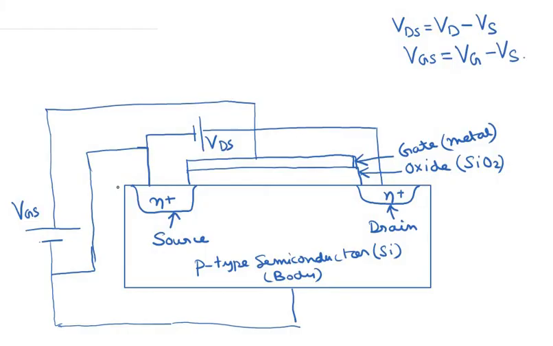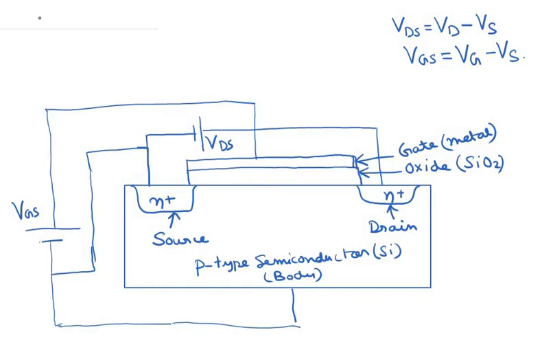Okay, the potential of the source and the body in this configuration are the same, because the body is shorted to the source, and that is why this voltage is known as VGS. It is actually the gate to body voltage, but because the body is shorted with the source, we can also take it as the gate to source voltage, VGS. Okay, now initially when VGS is equal to 0 and VDS is non-zero, so let me write it here.